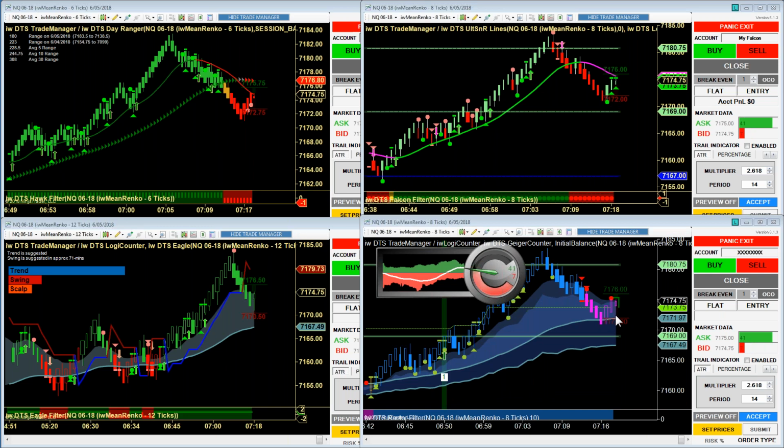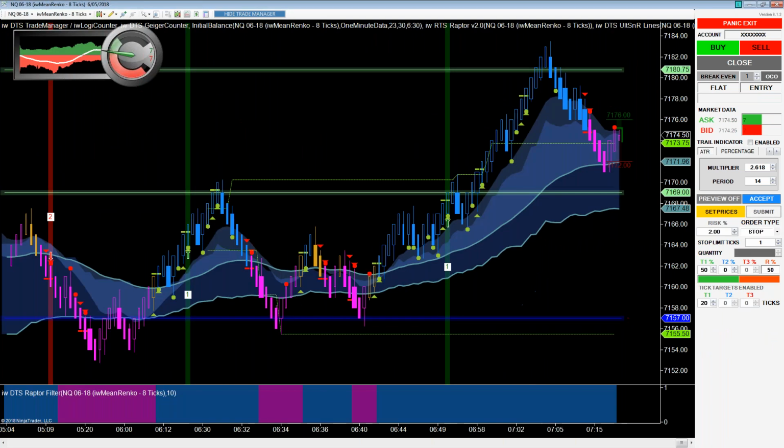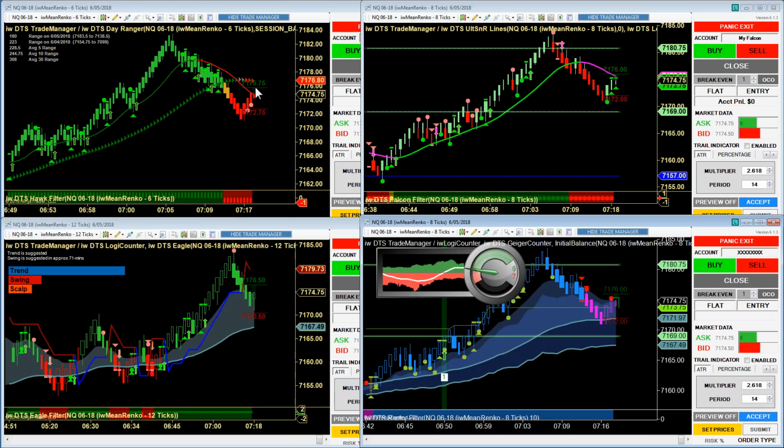So we've got a bounce now here off the hard edge on the Raptor. Okay, so there's going to be a little bit of the test of the extreme. The Hawk already bearish, but if you're going to short from here, again, you need to cover above the high. The Falcon getting a little bit more bearish as well. So it does look like we're perhaps getting a little bit of a better mix going on.